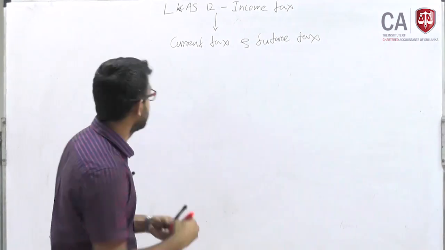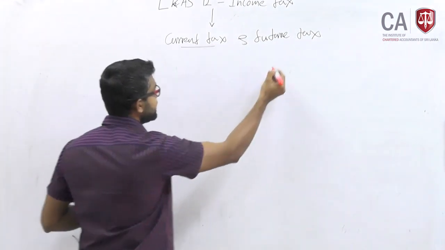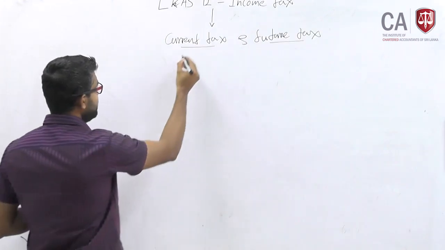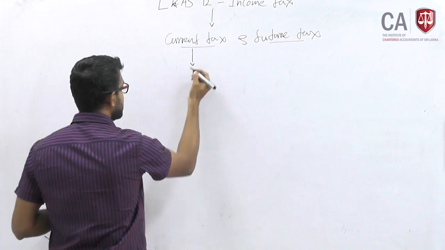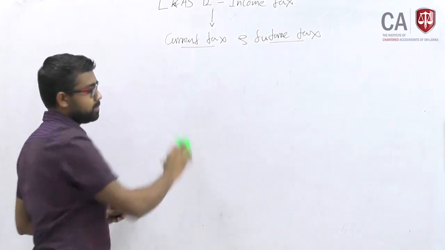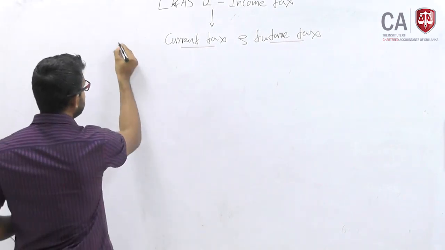There are 2 parts: current tax and the future tax. Current tax means you calculate current tax like this. Very simple.